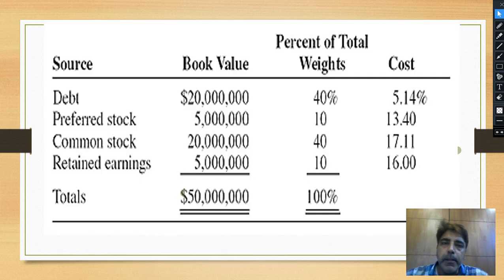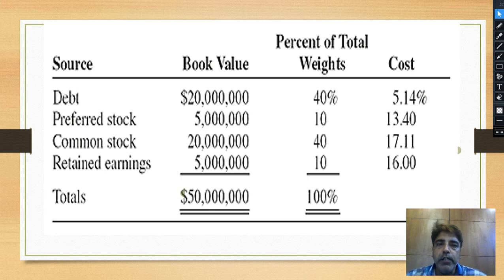For example, here I have considered the weight of the debt as 40%. Then if I now calculate the WACC, taking the preferred stock weight as 10%, common stock 40%, retained earnings 10%, overall the weights of the capital structure are 100%.